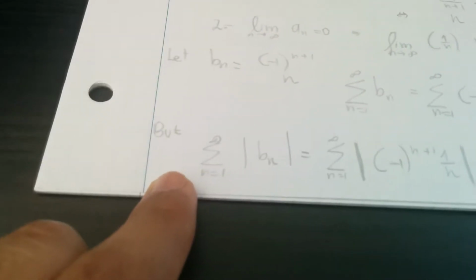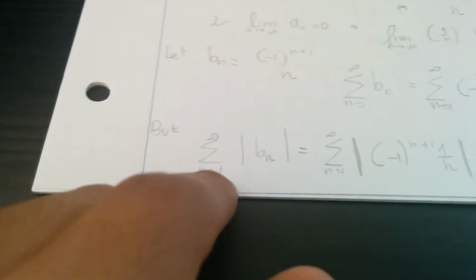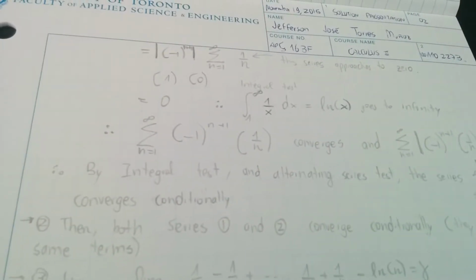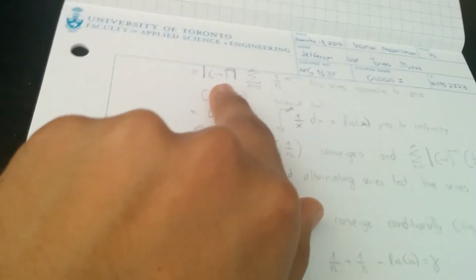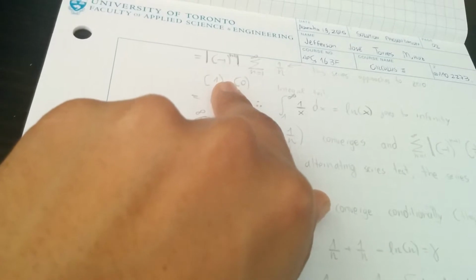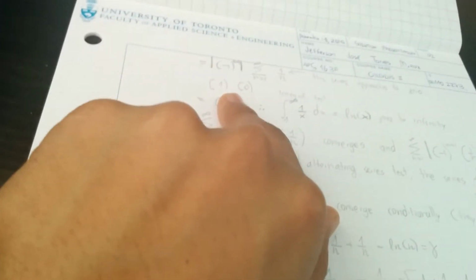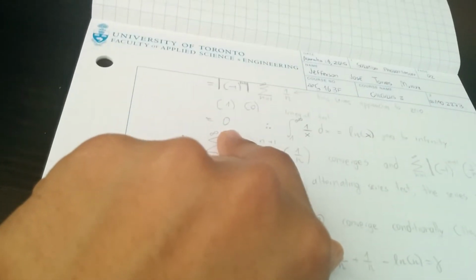So then we move to the next step, which is to prove it by the absolute value of the series. Here we have the series, and then we find that this term, it doesn't matter, this term will be equal to 1 by the absolute values, but the second one will approach 0, so we will have that this is equal to 0.